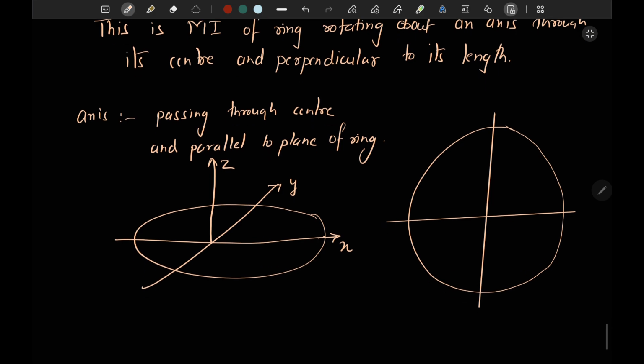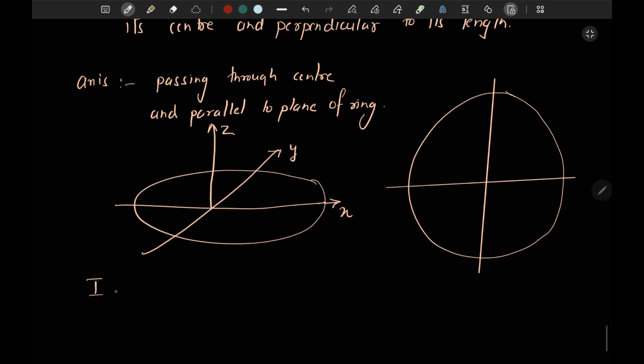So to calculate the moment of inertia along either x or y, we have obtained the moment of inertia along the perpendicular axis as m r square, and we need to calculate the moment of inertia along the axis which is parallel to the plane of the ring, that is either x or y.